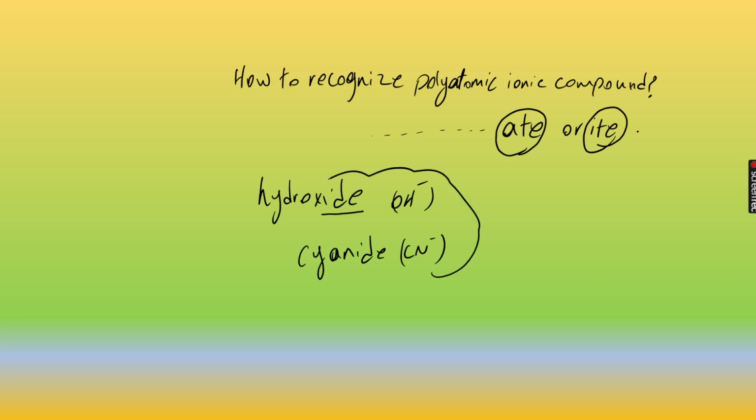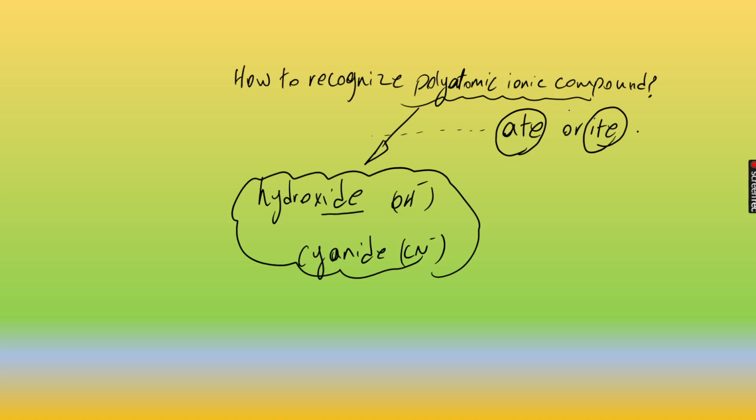They belong to polyatomic ionic compounds. They end with the IDE, and you remember that the IDE belongs to the binary ionic compound, but hydroxide and cyanide were the exception. They end with IDE, but they belong to the polyatomic ionic compound.